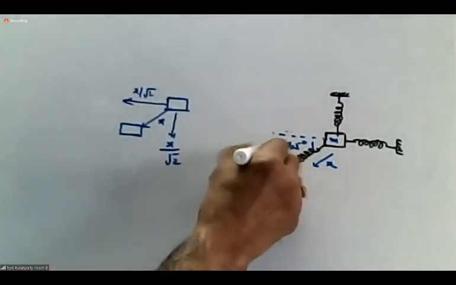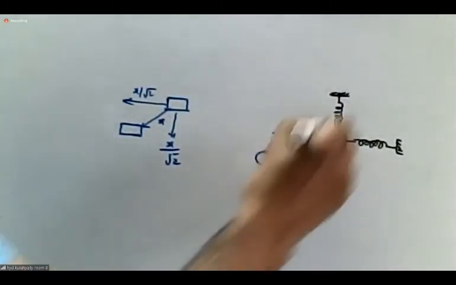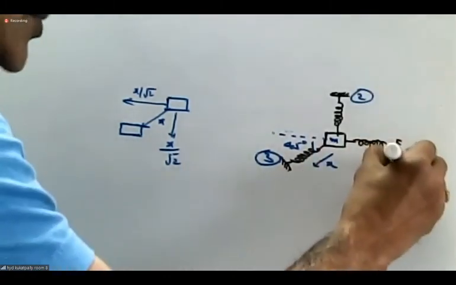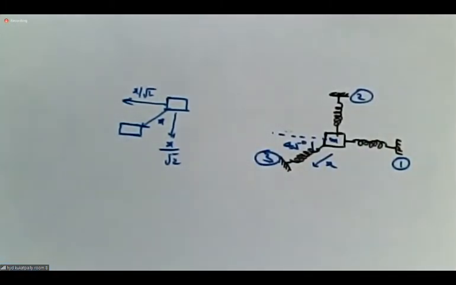So if spring 3 compresses by X, spring 2 and spring 1 each elongate by X by root 2.